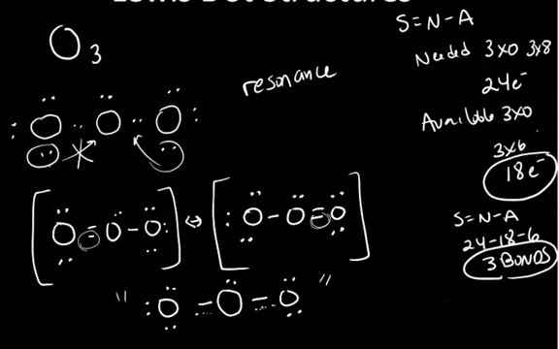This has been experimentally proven: the bond strength of the bond between the left-hand oxygen and the central oxygen, and the bond between the central oxygen and the right-hand oxygen, is about 1.5 bonds.